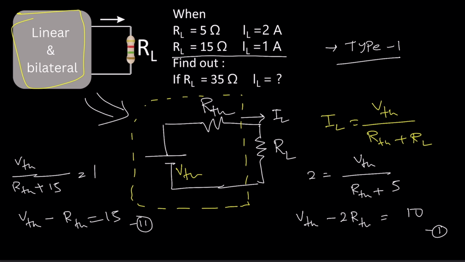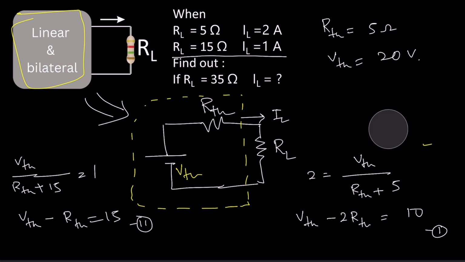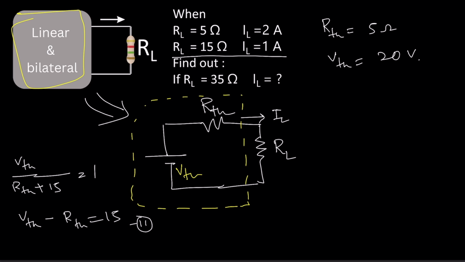Now, if we solve these two equations, we will get RTH is 5 ohm. And if we put this RTH value in equation 2, then we will get VTH equal to 20 volt. Now you already have the value of VTH and the value of RTH.